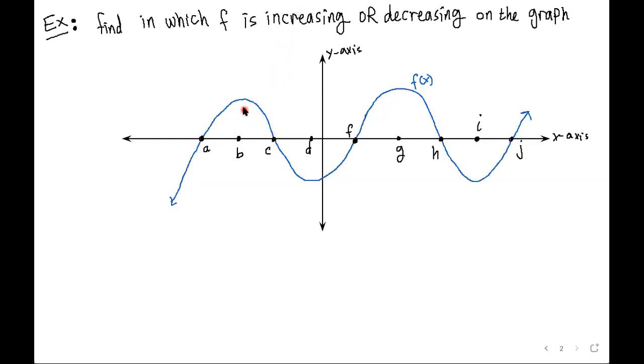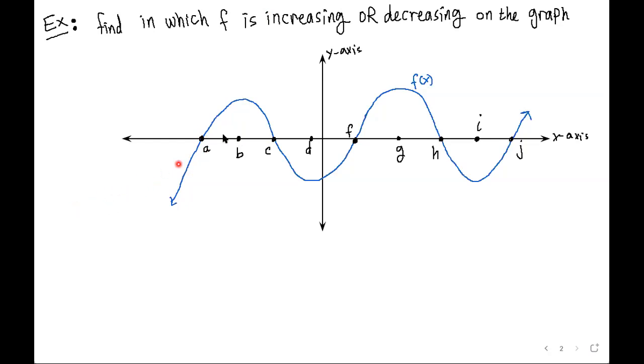But what about this part here? The function comes from minus infinity, so from minus infinity to A is also increasing, and from A to B is increasing too. So from minus infinity to B, it's increasing. Perfect, this is what I need.